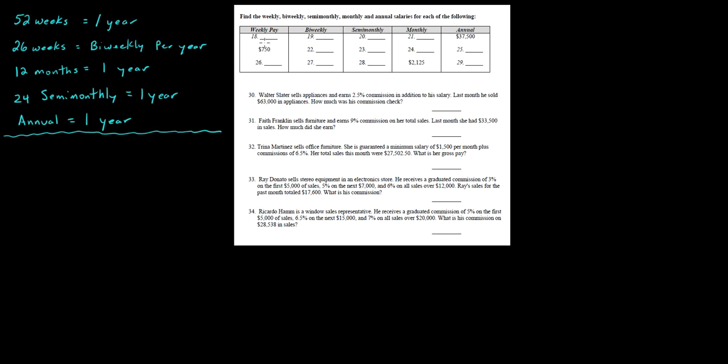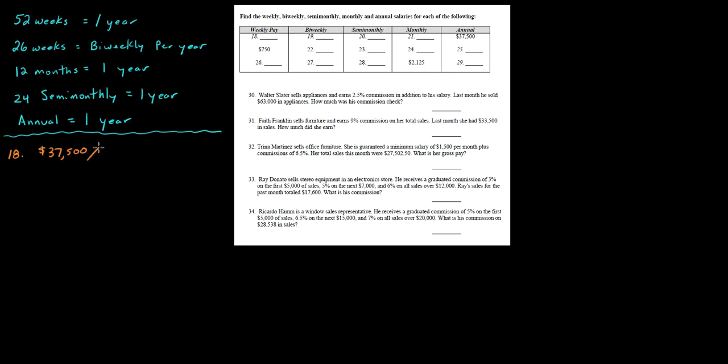So let's look up here at 18, 19, 20, and 21. If we know that our pay is $37,500, my question becomes, how much do I make per week? Well, yearly is $37,500, and I know that there are always 52 weeks in a year.